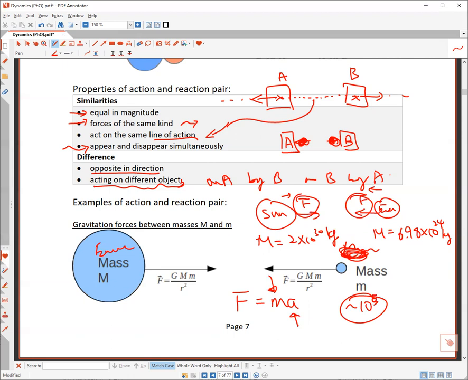The acceleration of the Earth is much larger than the acceleration of the Sun because of the mass. That's why in most cases you omit this force. You just ignore this force, because the effect on the motion of the Sun can be neglected compared to the acceleration of the Earth.